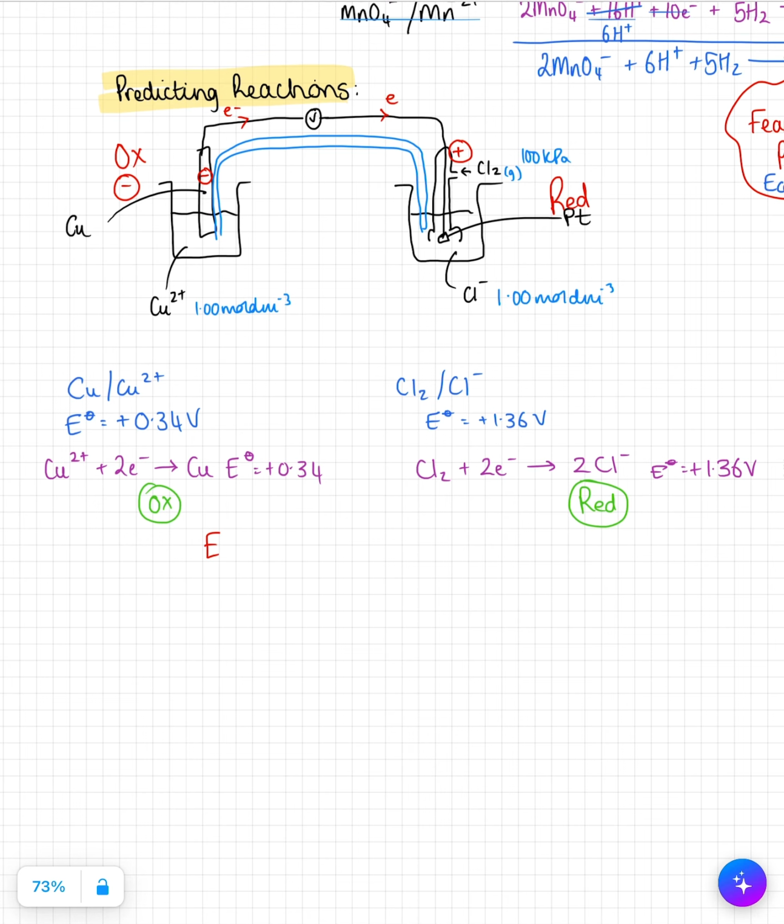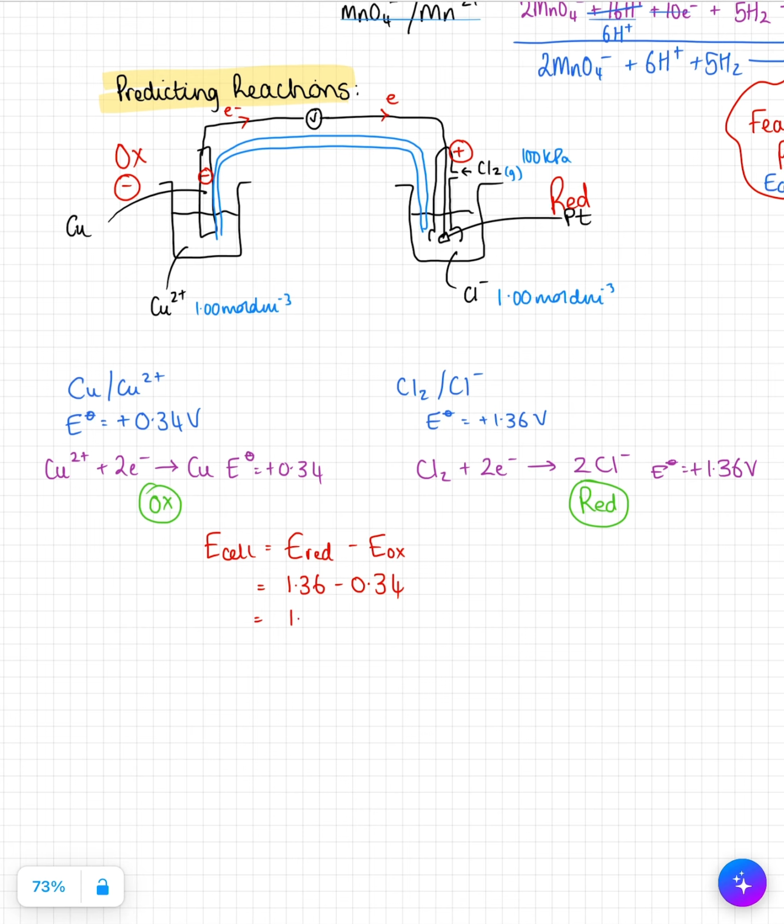Well, let's calculate our E cell. So that's the E of the reduction process minus E of the oxidation process. So we are doing 1.36 minus 0.34, which is 1.02 volts positive. Yes, it is feasible.